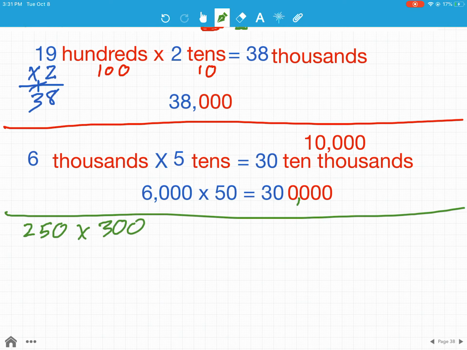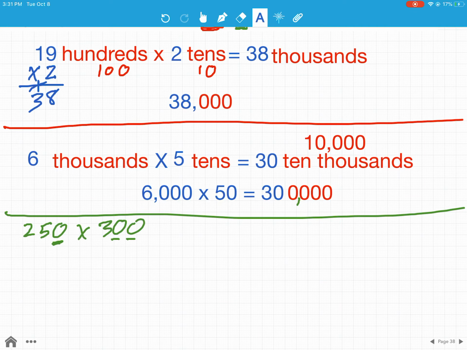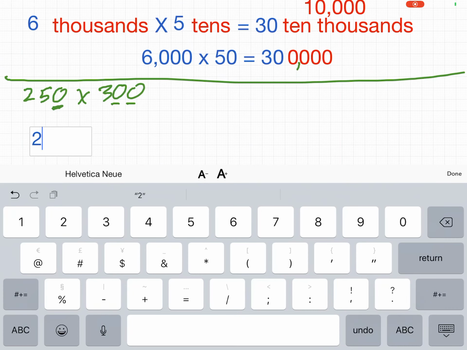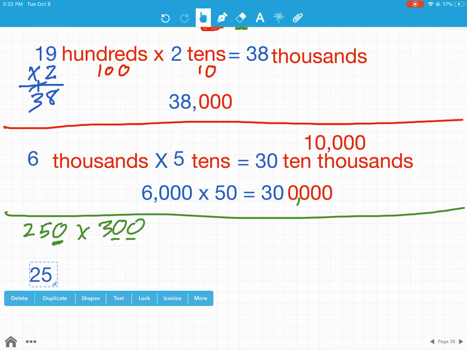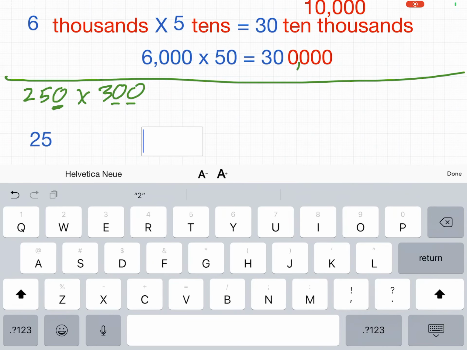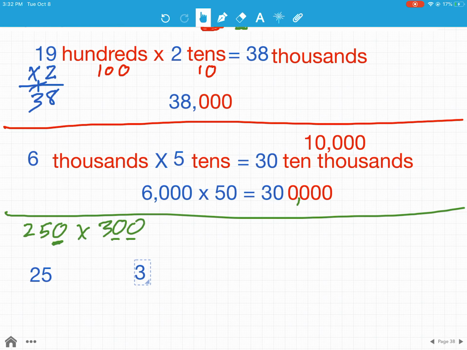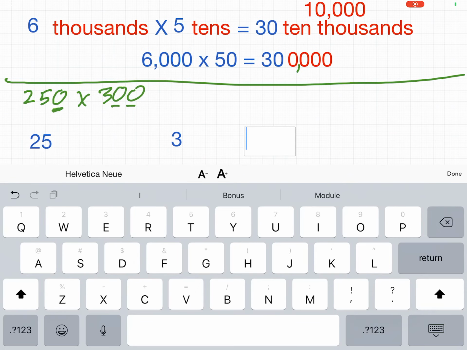All right, and then we have 1 zero here and 2 zeros here. So we're going to start off with the 25. Hopefully you see that. And we're going to also multiply this times the 3. Very simple math. Think about 3/4 and you have your answer here. Our answer is 75.